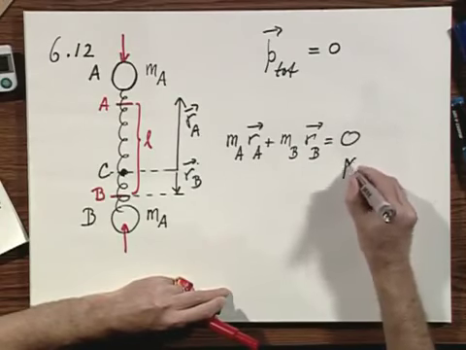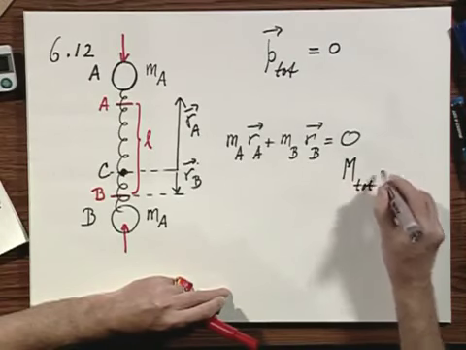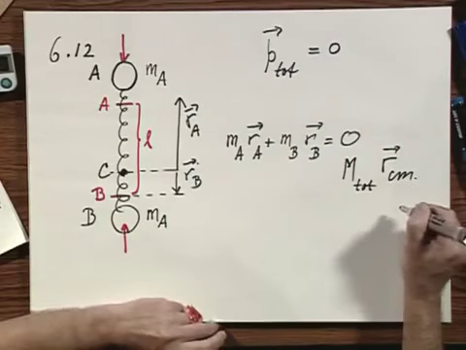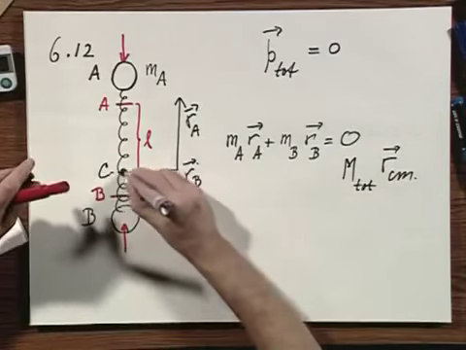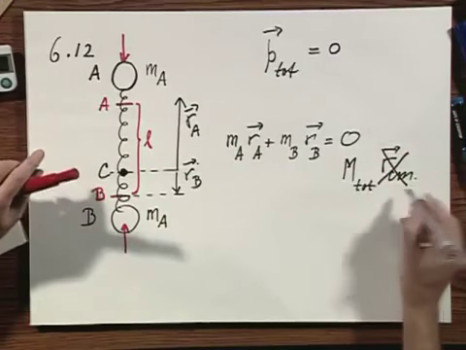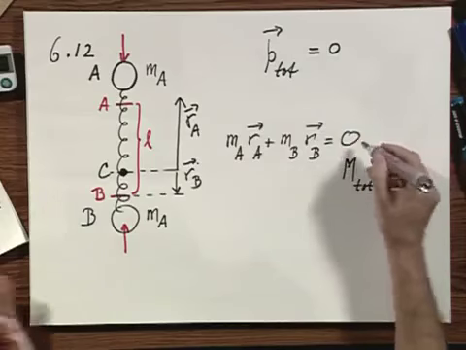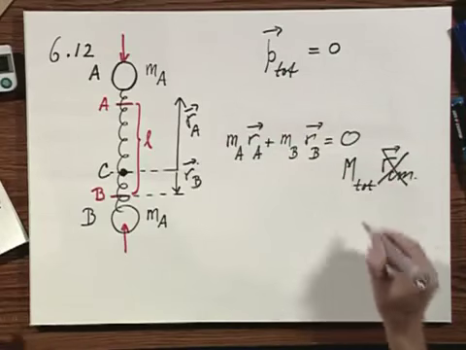This is the total mass of A and B times R of the center of mass, relative to the center of mass. But since I use the center of mass as my origin, this R is 0, and so you can even say that this is a definition of the center of mass.